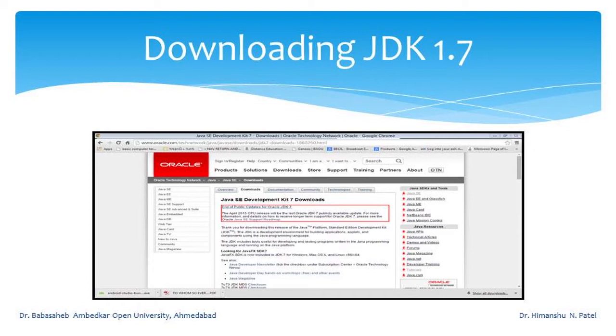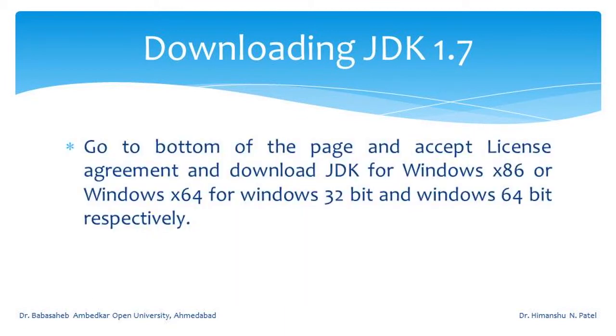Here you have to go to the bottom to accept the agreement and the version that you want to download by pressing the scroll bar down. You have to go to the bottom of the page and again accept the license agreement, as in the case of Android Studio. Then you can download JDK for Windows x86, which is a 32-bit system, or Windows x64, which is a 64-bit version. So, depending on your system, you have to download either the 32-bit version or the 64-bit version.